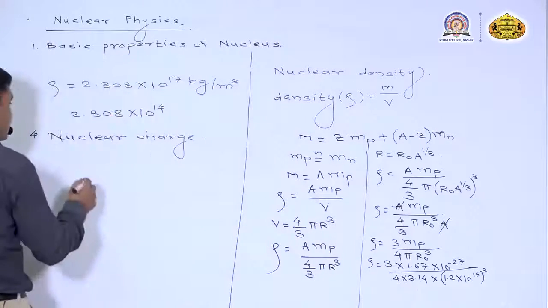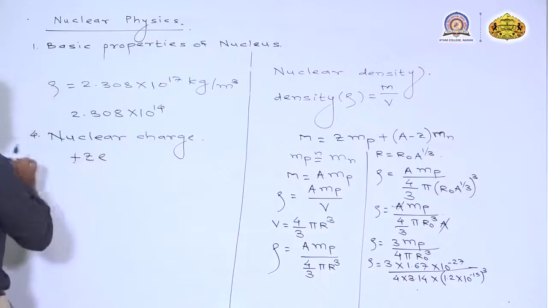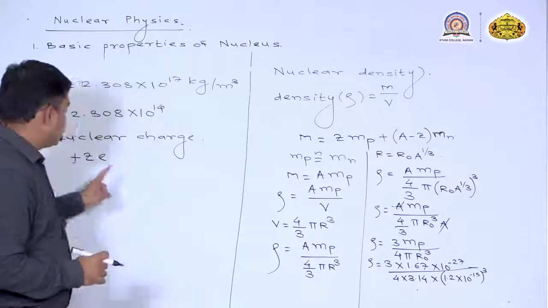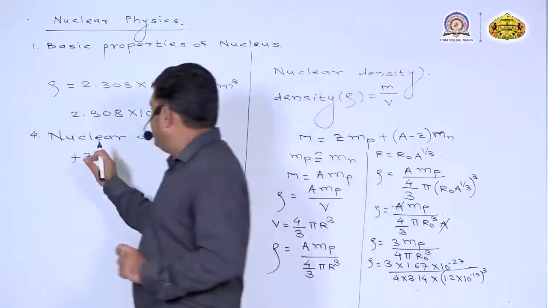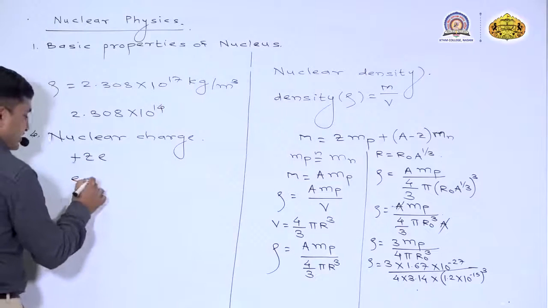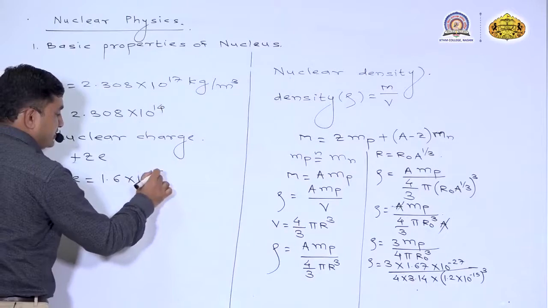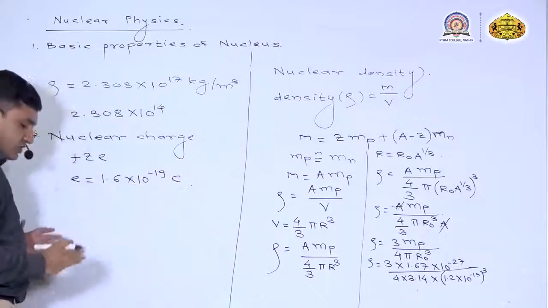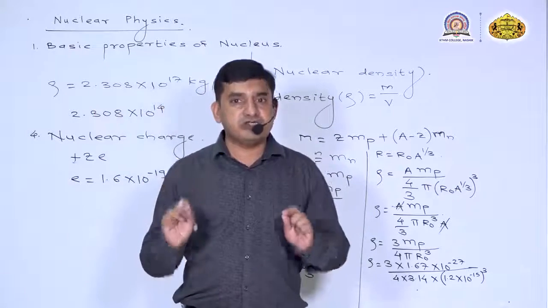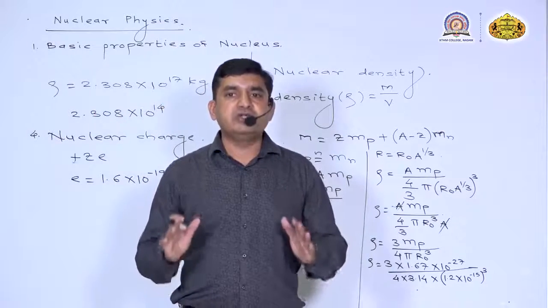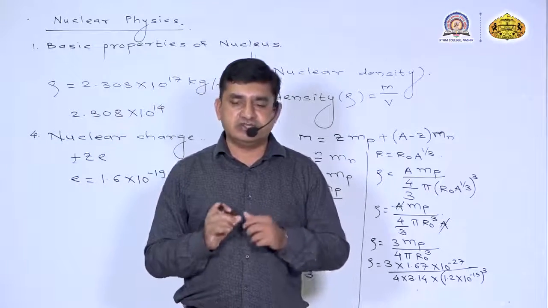The nuclear charge can be denoted by Z into E, where Z represents the atomic number and E represents the charge, that is E is equal to 1.6 into 10 raised to minus 19 coulomb. So the effective charge on a nucleus is positive due to the positively charged protons present in the nucleus.